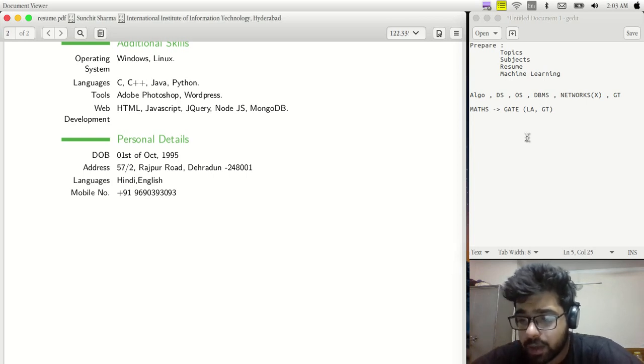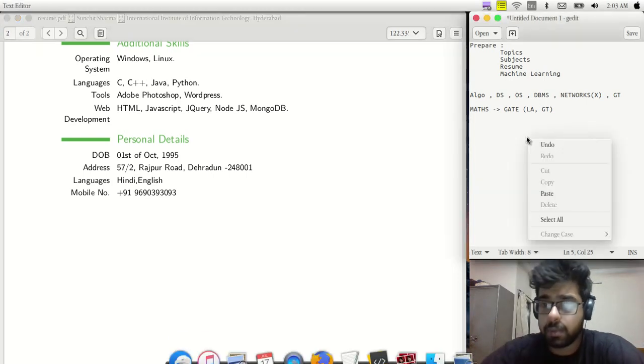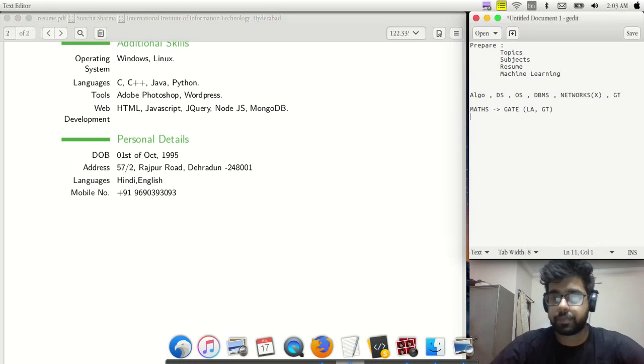Because there's one month left for your interview, and I understand that all of you have prepared really well for GATE, if you are only comfortable speaking on machine learning, and you mentioned it on your resume, I would strongly recommend you go through the course on machine learning from Andrew Ng.